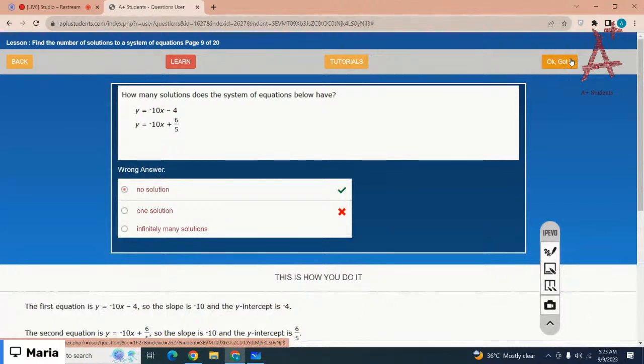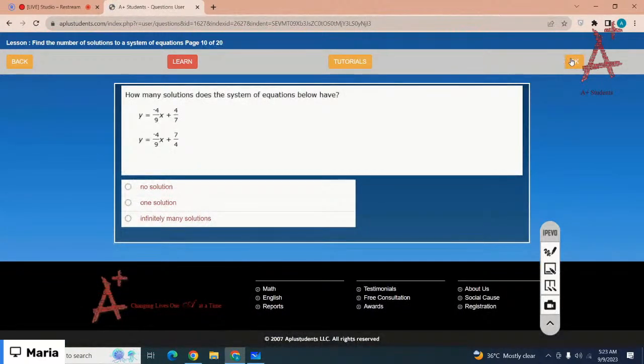If two equations have the same slope and different y-intercepts, they have no solution, right? Okay, how many solutions does the system of equations below have? So which is the correct option?